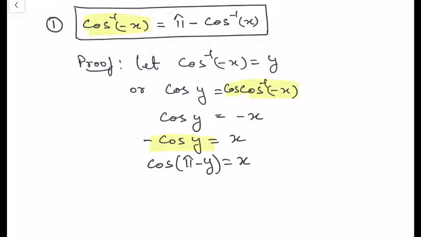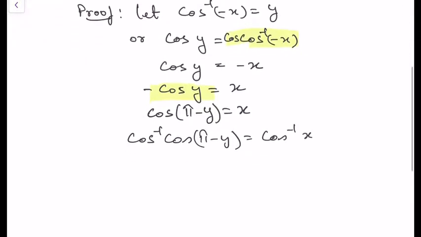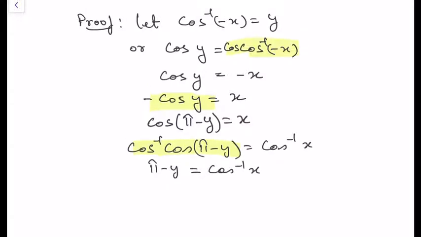Now take cos inverse on both sides. So cos inverse cos pi minus y will be pi minus y, because cos inverse cos theta is theta. So pi minus y is equal to cos inverse x. Now substitute the value of y, which is cos inverse minus x.